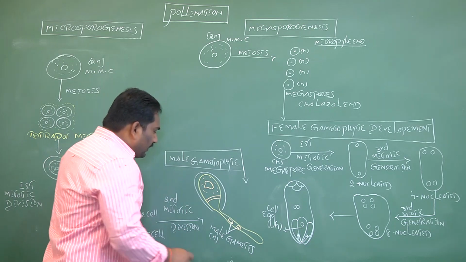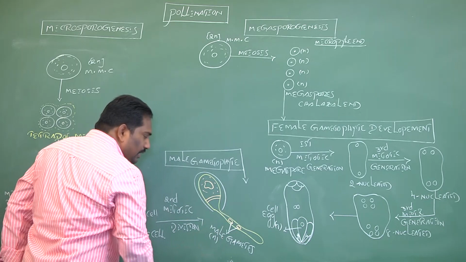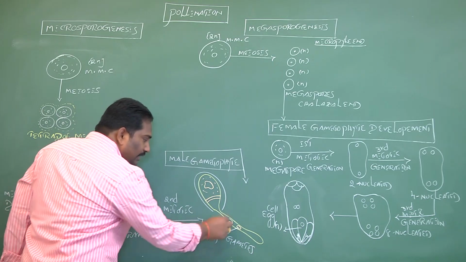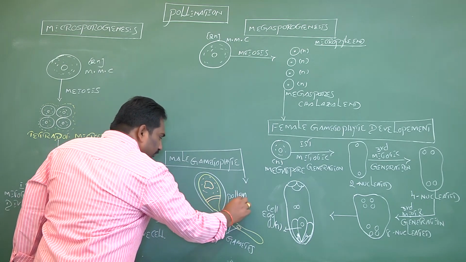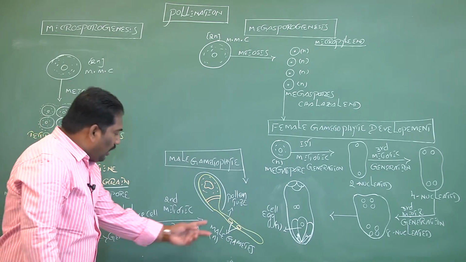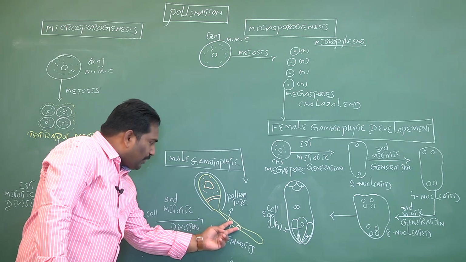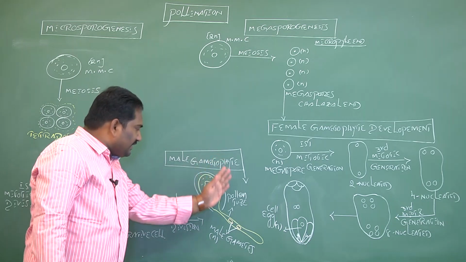Generally, two haploid amoeboid-shaped male gametes are formed in the pollen tube during male gametophyte development. How they are formed, we will discuss just briefly.